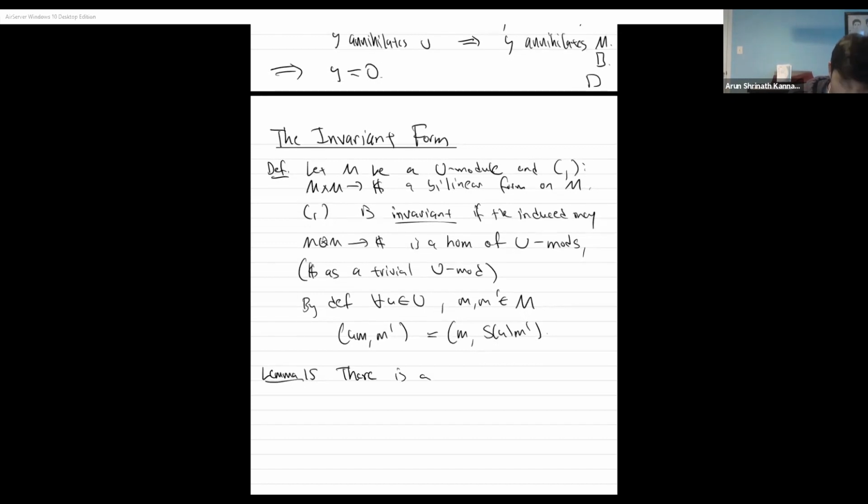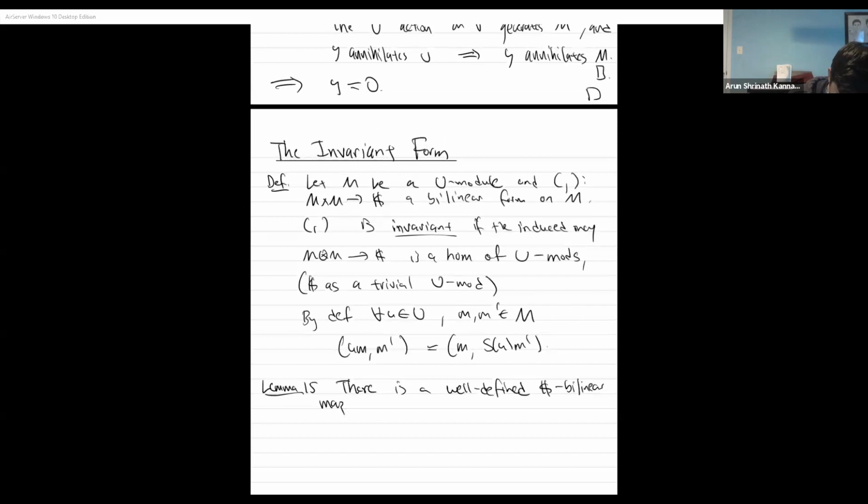So there is a well-defined K bilinear map, which I'll denote with the bracket notation, from U cross U to K adjoin a square root of Q if we don't have it.